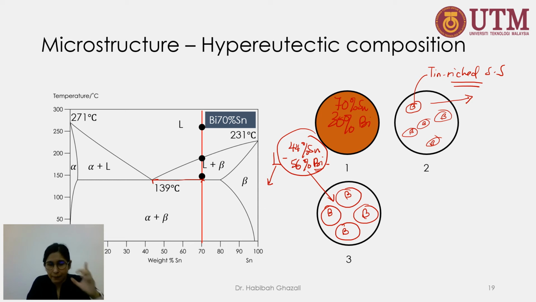So we're talking about the remaining liquid. That remaining liquid will now start to transform isothermally. It will transform just like the eutectic composition. So the remaining liquid will start to form lamellar microstructure.